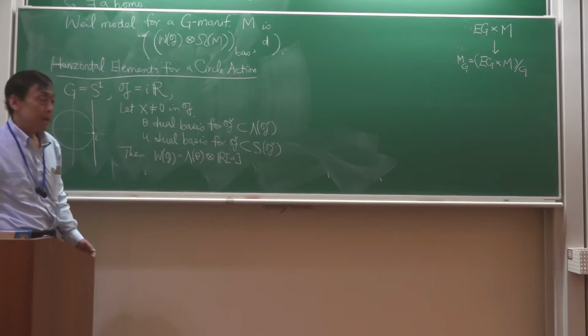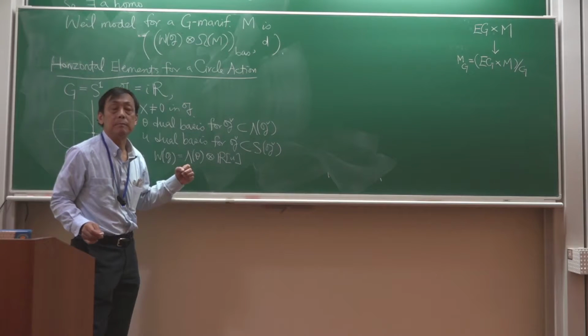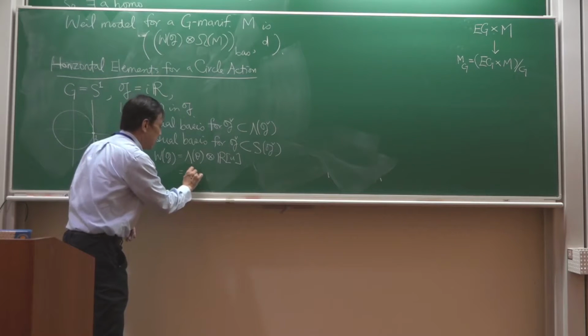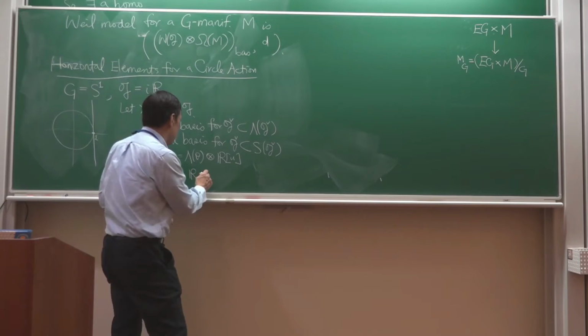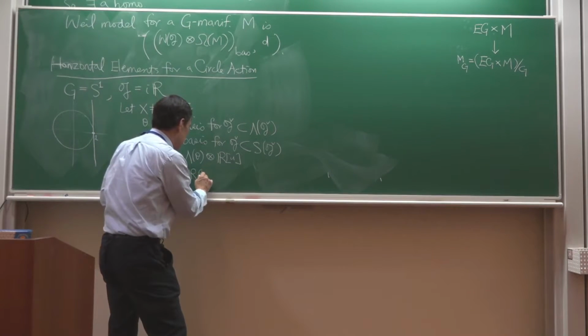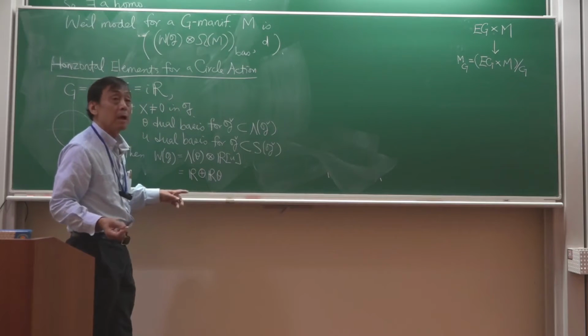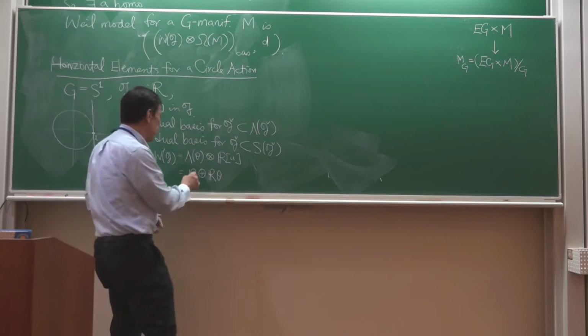Okay. Now, lambda of theta, in degree 0, it's R. Okay. In degree 1, it has only one basis element, theta. Okay. In degree 2, there's nothing, because this is an exterior algebra.